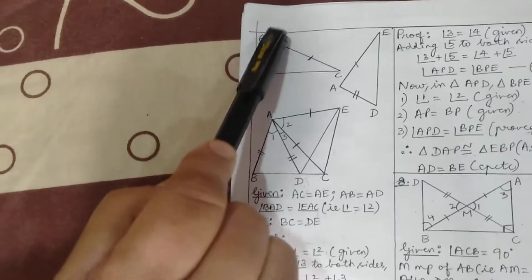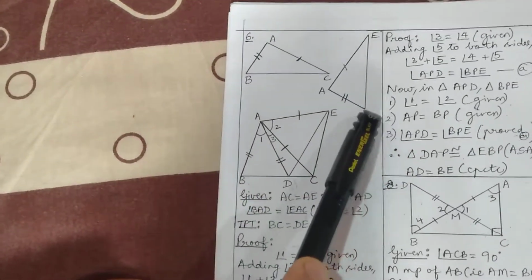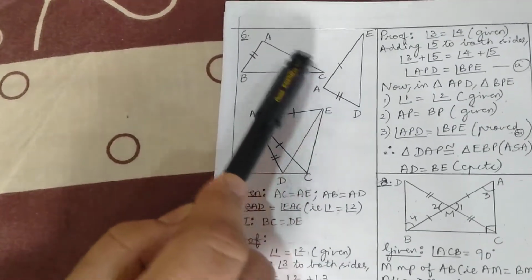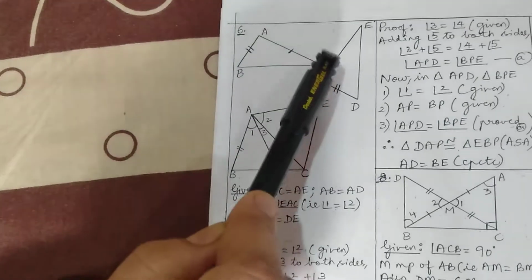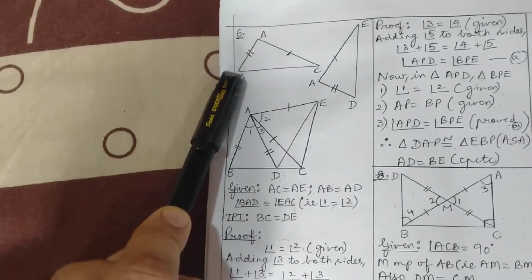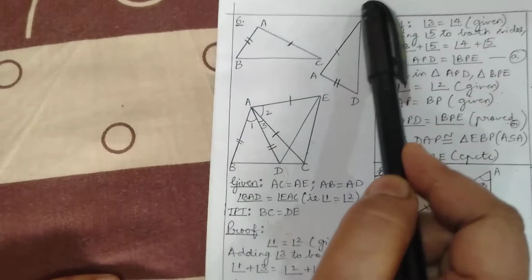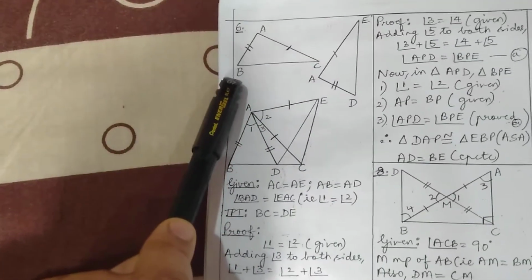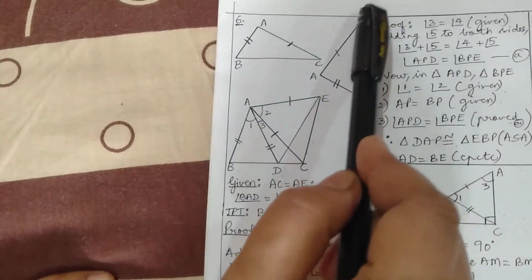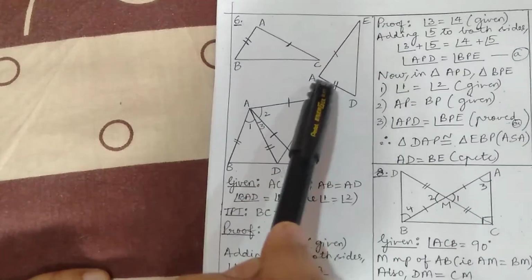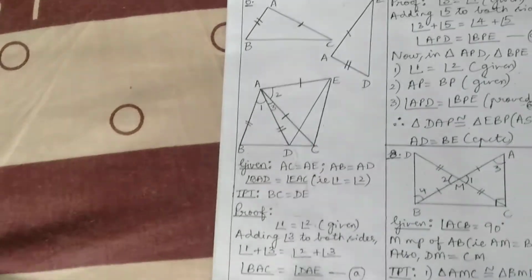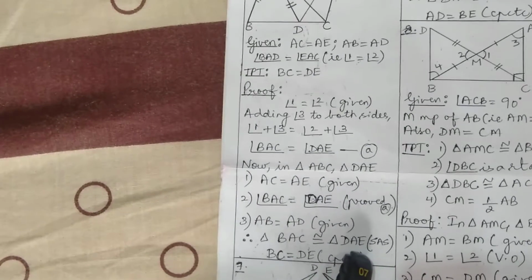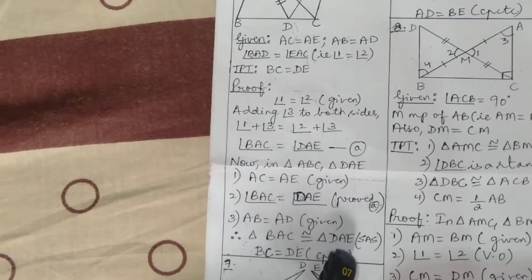So when you say BAC, you must say DAE. Or if you call the first triangle CAB, then you must call the second triangle EAD. Or you can use the other method I've told you earlier, how to name the triangles in the correct order.